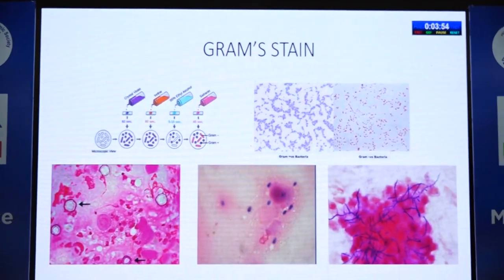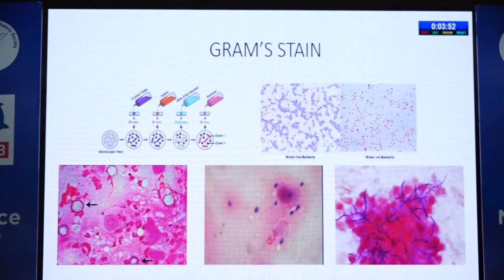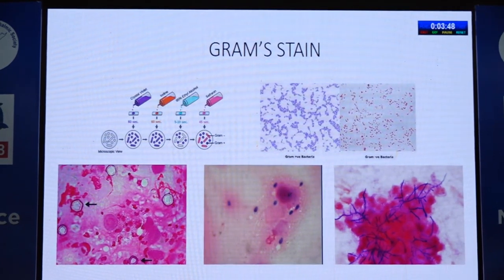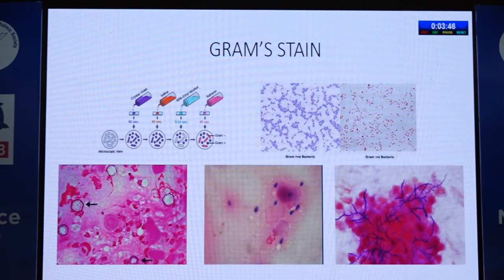In gram stain, after following a proper staining protocol, we can see gram positive and gram negative bacteria. Along with that, you can observe Acanthamoeba cyst and Microsporidia, which appear as a safety pin appearance due to the presence of polar bodies, and also Nocardia, which appear as beaded filaments.